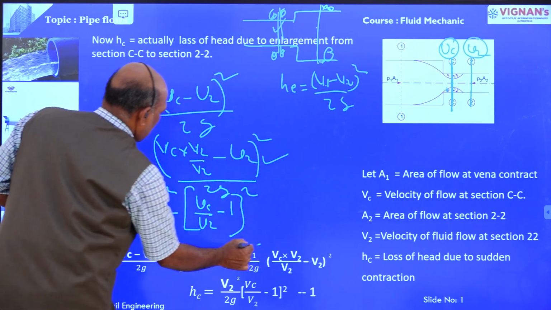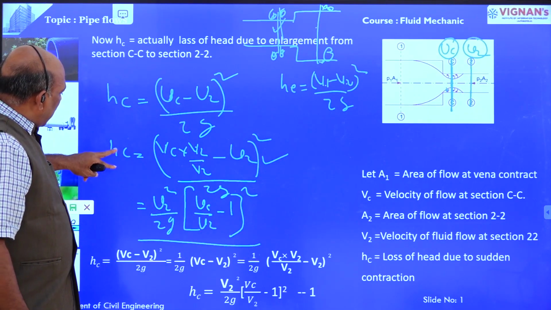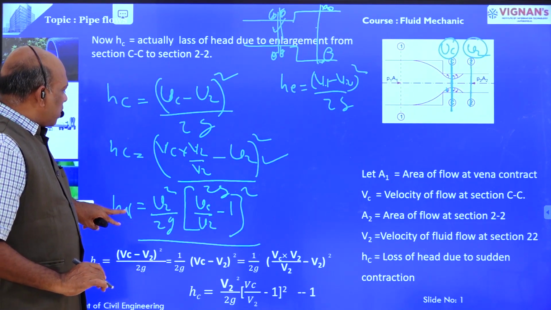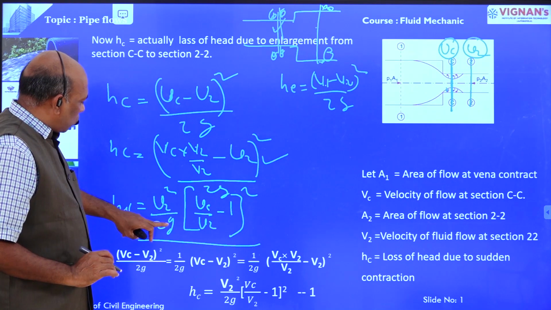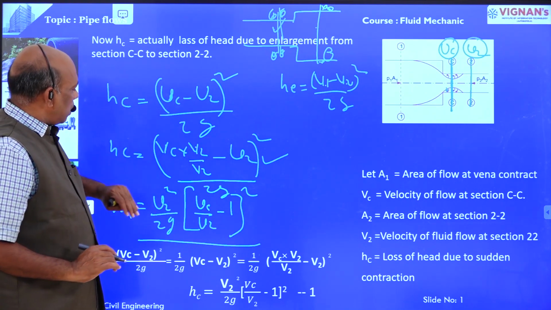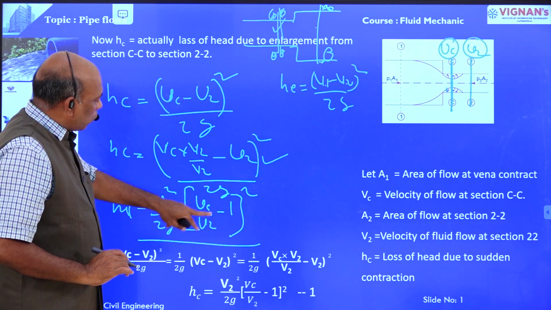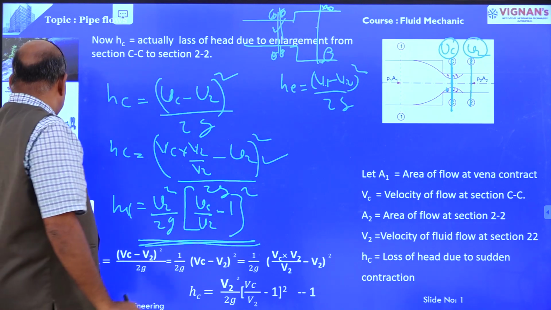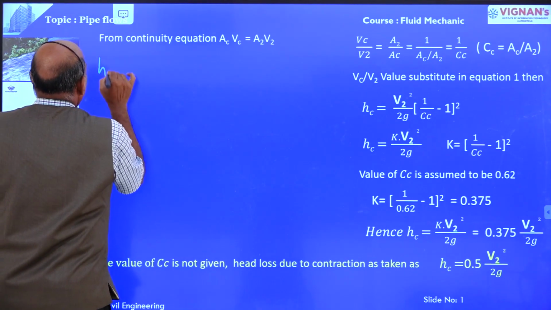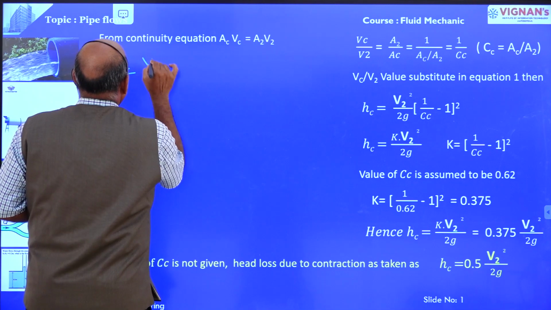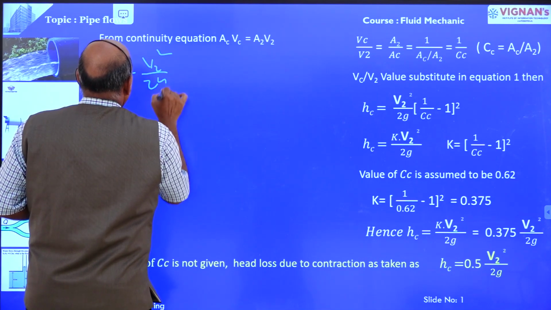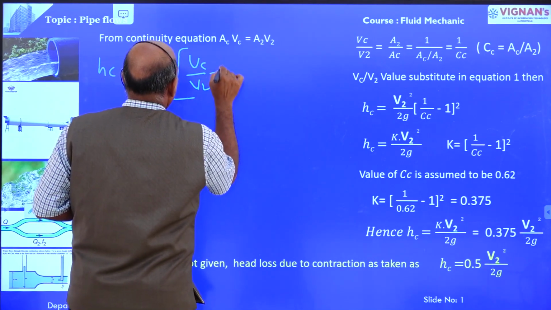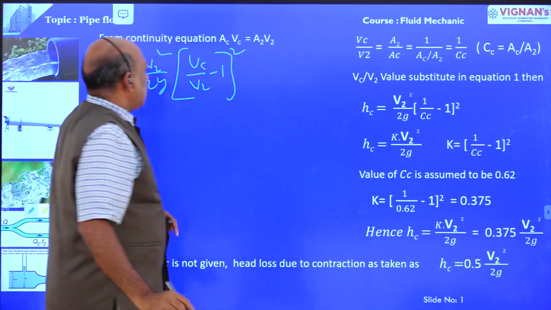Same equation I have written like this: hc, the head loss due to contraction, is equal to V2 squared divided by 2g taken out, times (Vc by V2 minus 1) whole squared. This is the relation we have. So hc is equal to V2 squared by 2g times (Vc by V2 minus 1) whole squared.